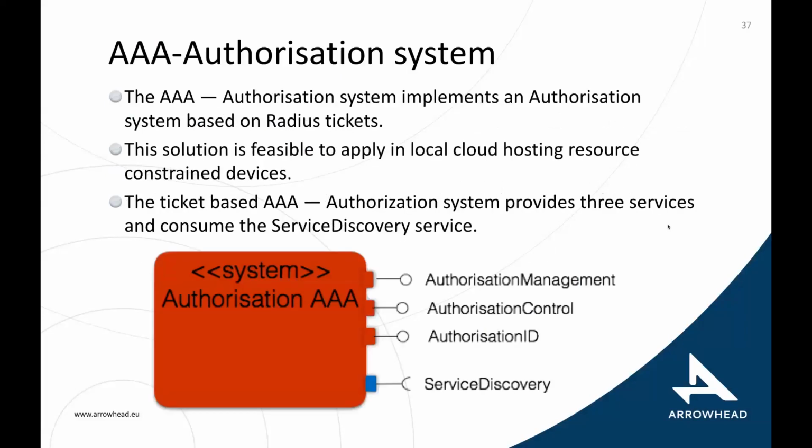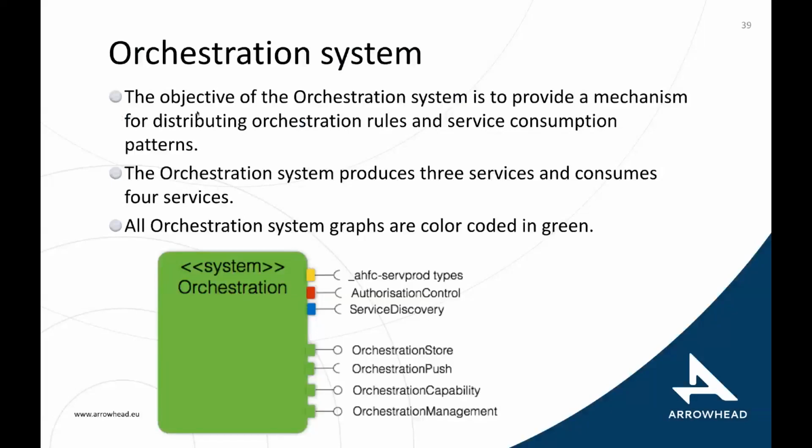And we also now have the capability of doing accounting, so we can see how many times, or tell that an authorization is valid for a certain time or for a number of consumptions and so on. The orchestration system, we had an explanation of that a few minutes ago.